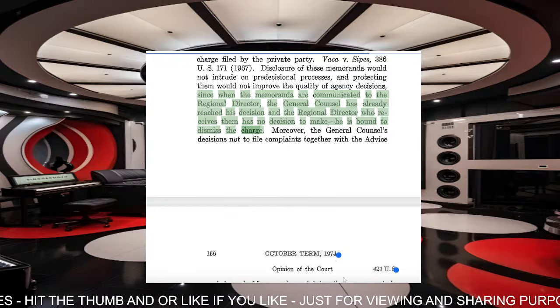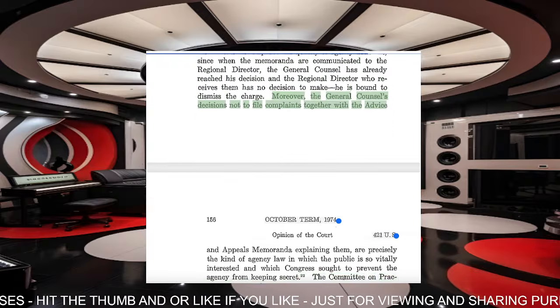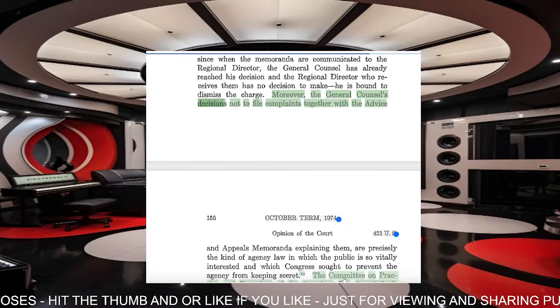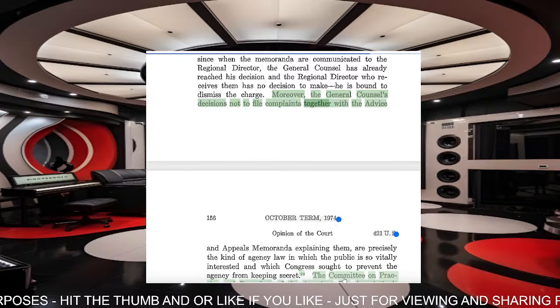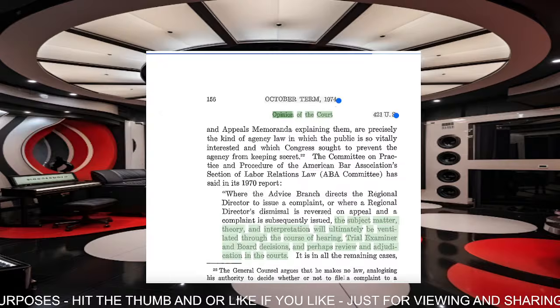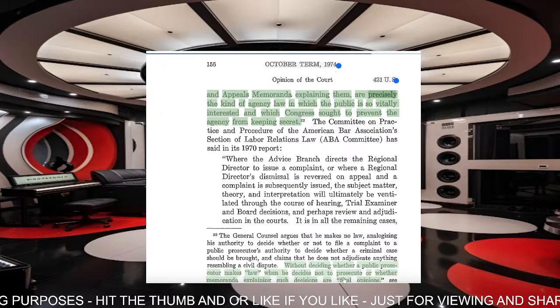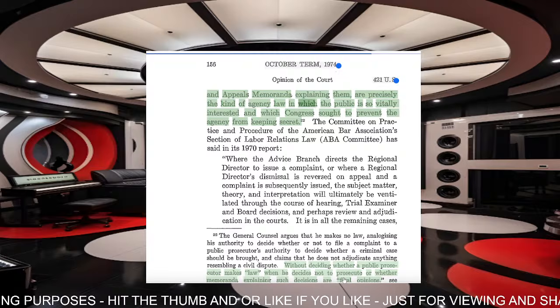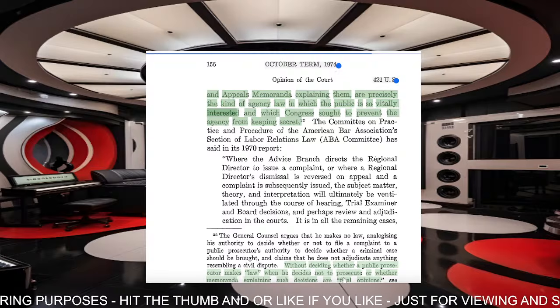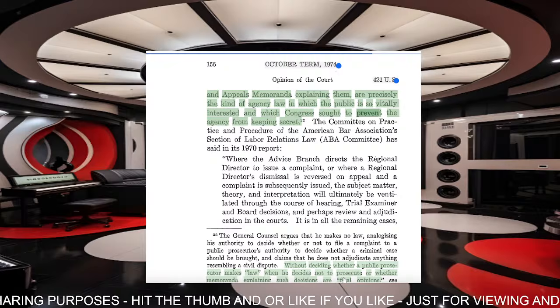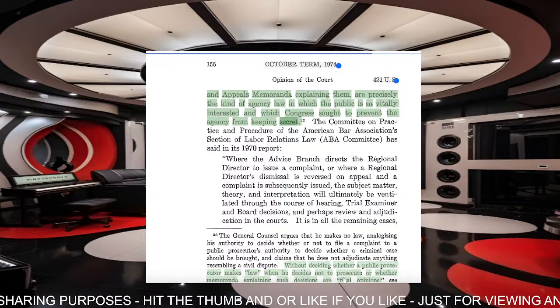He is bound to dismiss the charge. Moreover, the General Counsel's decisions not to file complaints, together with the advice and appeals memoranda explaining them, are precisely the kind of agency law in which the public is so vitally interested and which Congress sought to prevent the agency from keeping secret.